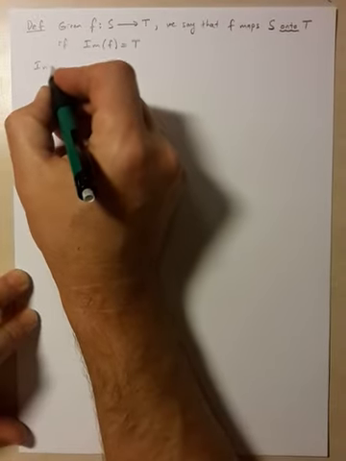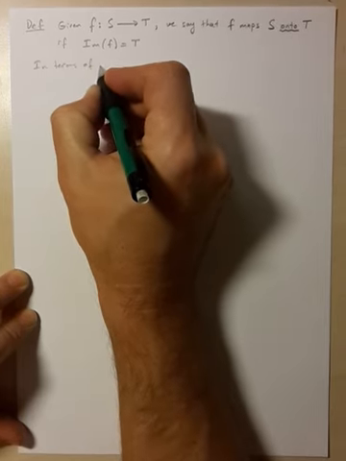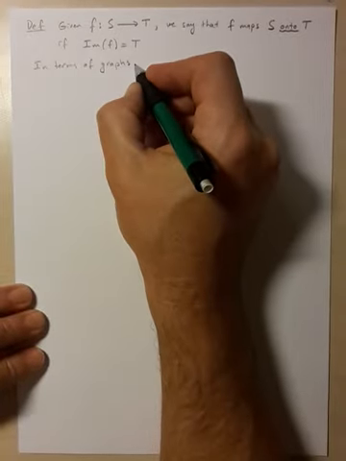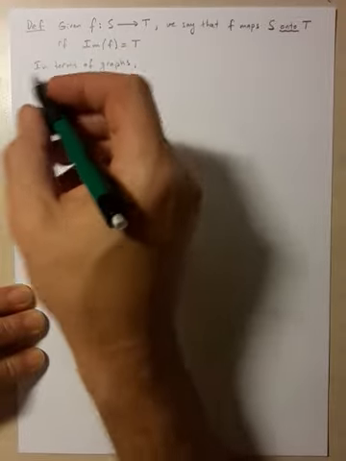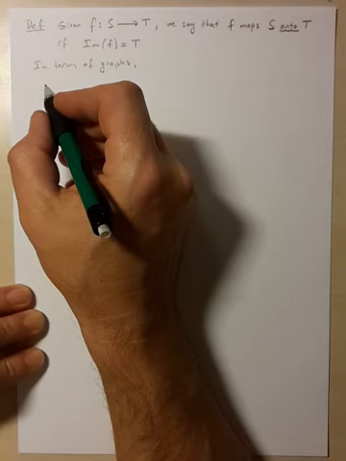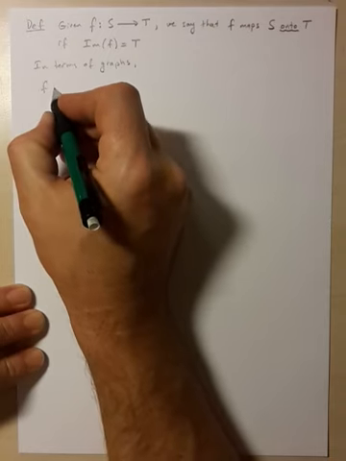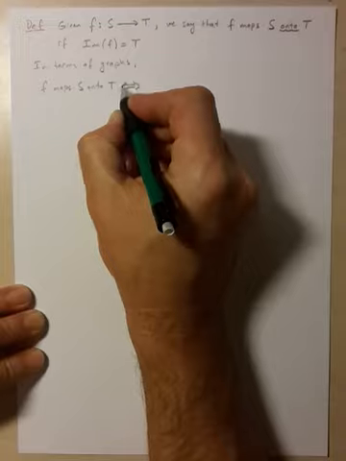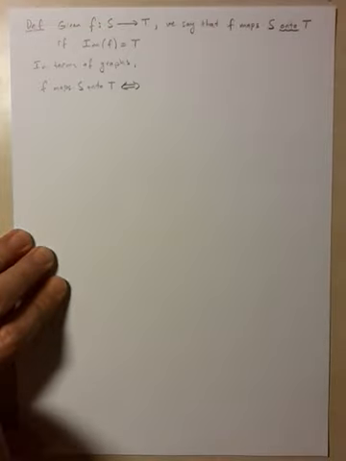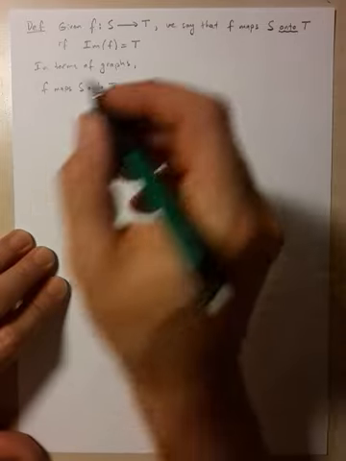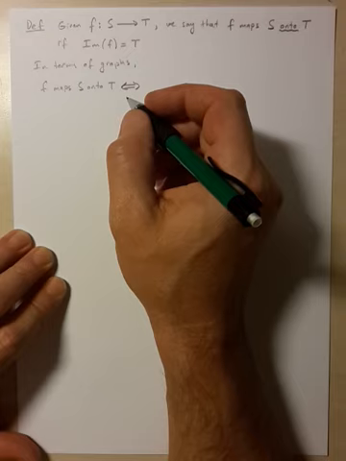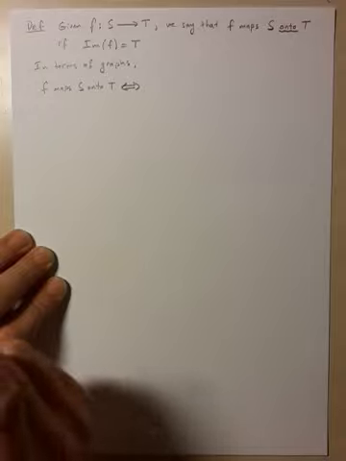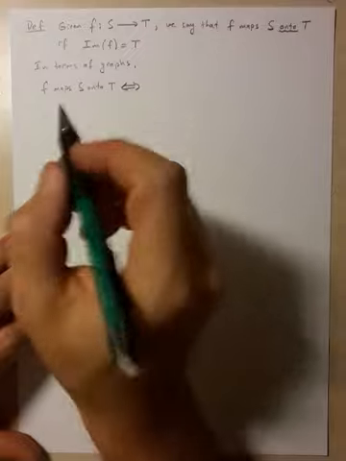In terms of graphs, we have the following equivalent condition. f maps S onto T if and only if, right, some equivalent description of an onto map, for each y in T there is at least one x in S such that the image of x is y, the chosen element from T, right?